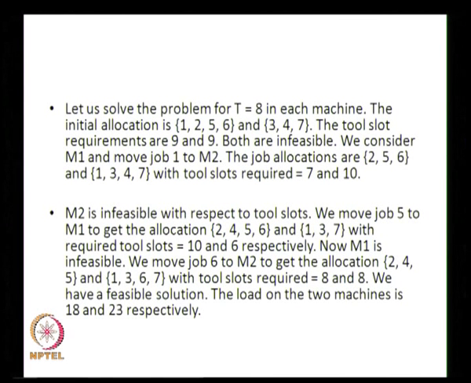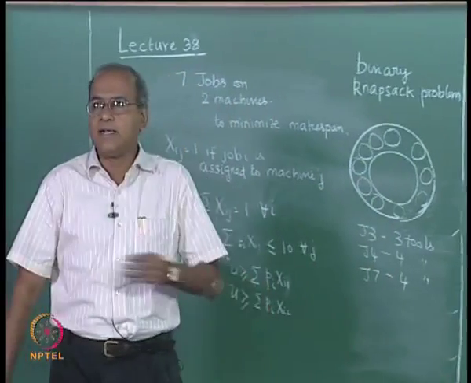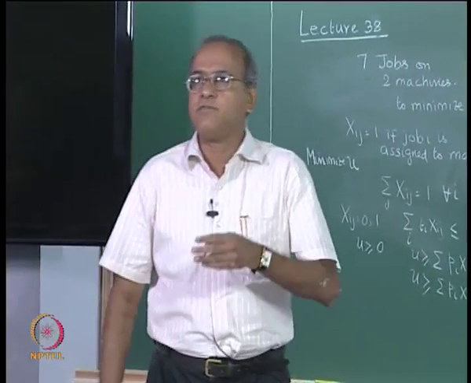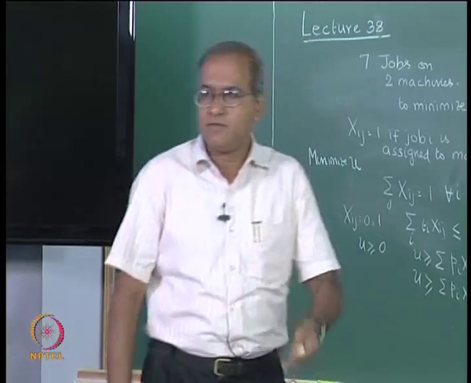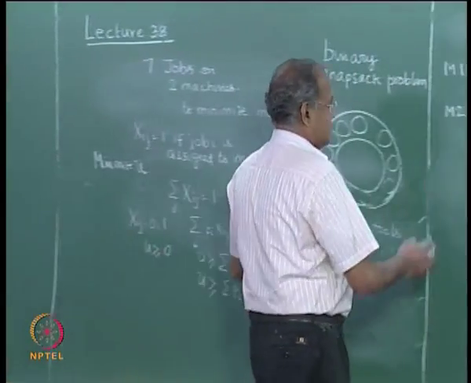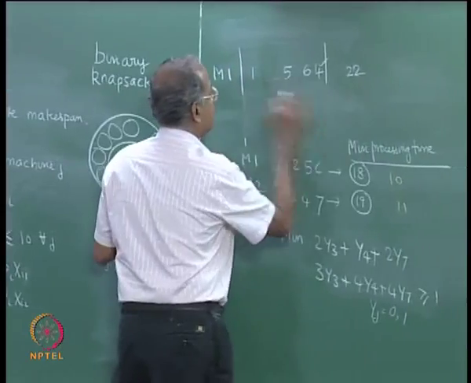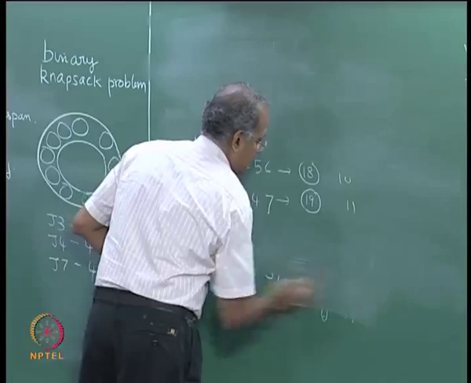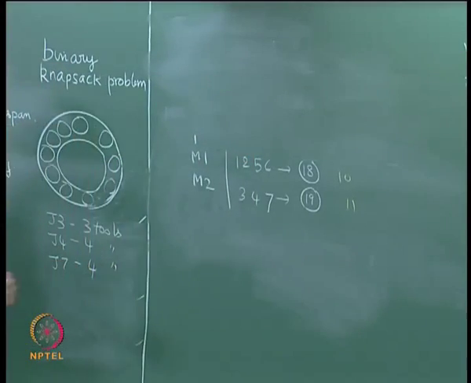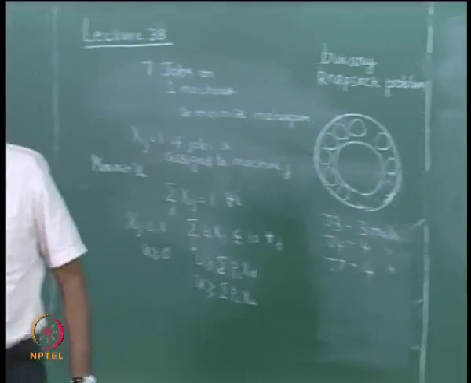Now, instead of having 10 tool slots, let us look at 8 tool slots. Let us assume that this drum can accommodate only 8 tool slots instead of 10 tool slots. So we now begin with the minimum processing time solution.